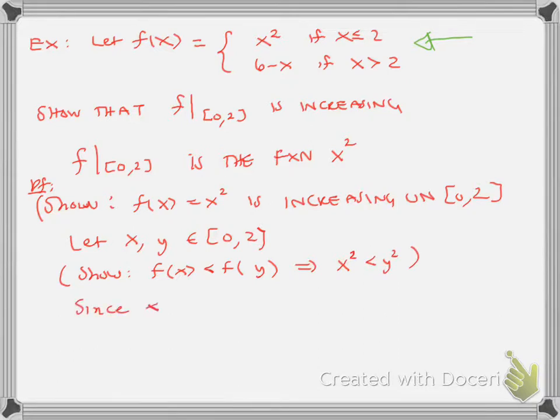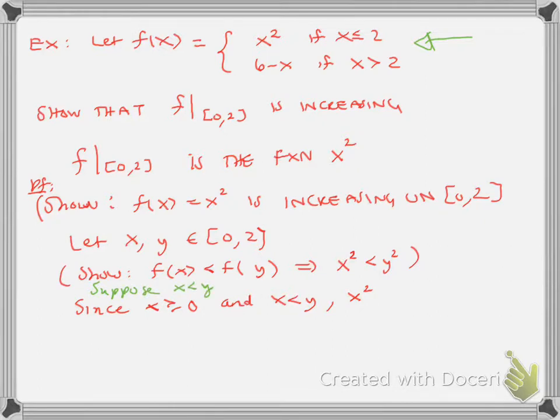Well, since x is greater than or equal to 0 and x is less than y, okay, then x squared, oh wait, did I not suppose? I forgot to suppose. I'm sorry, that was my fault rushing. I think I said it but didn't write it. So suppose x is less than y. That's part of the proof structure.